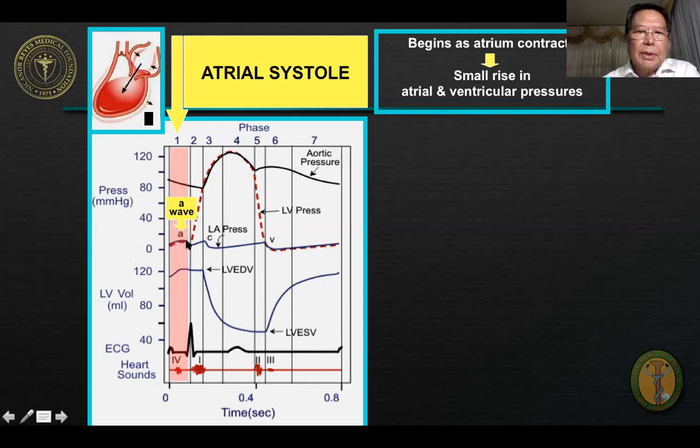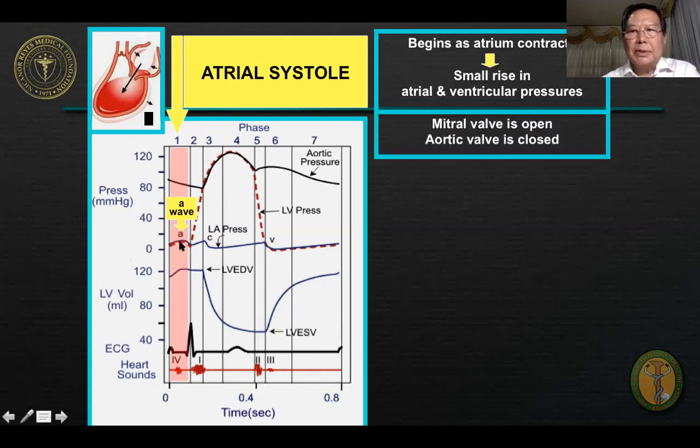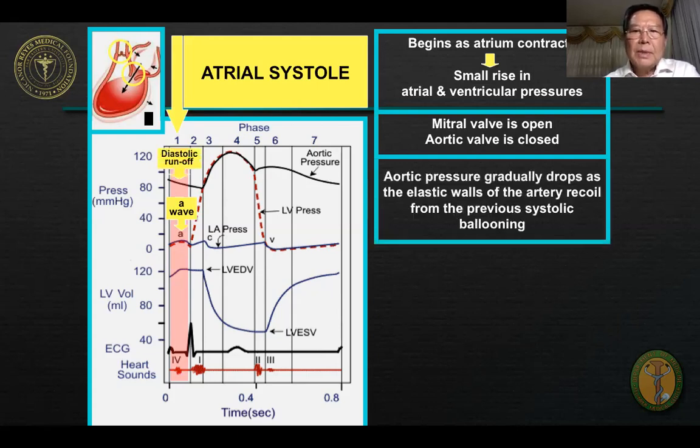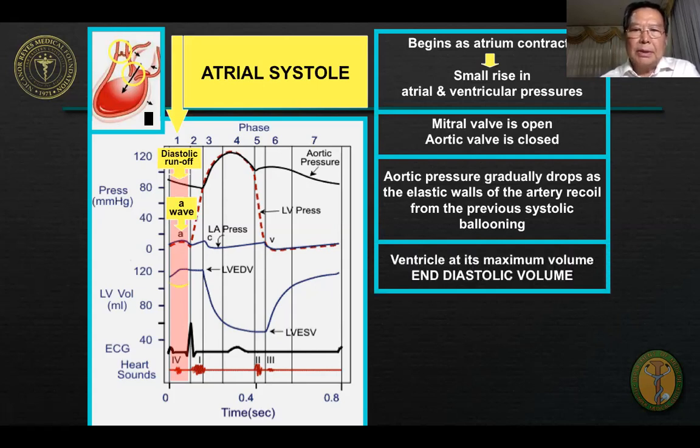So atrial and ventricular pressure, you note some rise, no? And the mitral valve is open, and the aortic valve is closed at this part, okay? So the aortic pressure gradually drops as the elastic walls of the artery recoil from the previous systolic ballooning, okay?